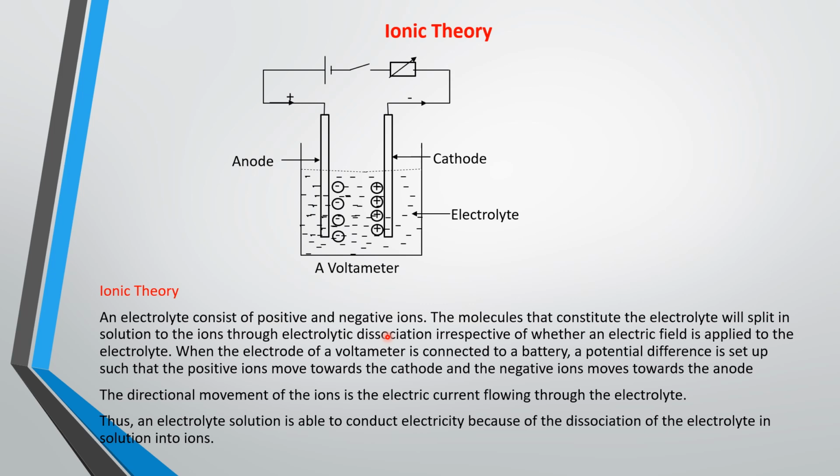Okay, so when the electrodes of a voltameter are connected to a battery, like in this setup, this is your battery, this is a rheostat, and this is a key.